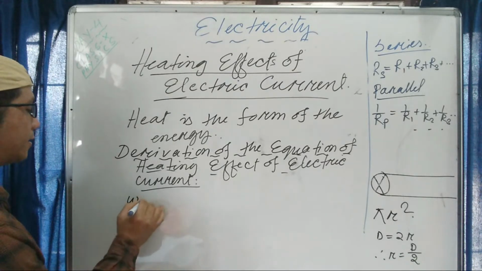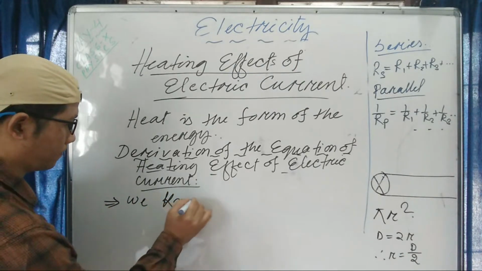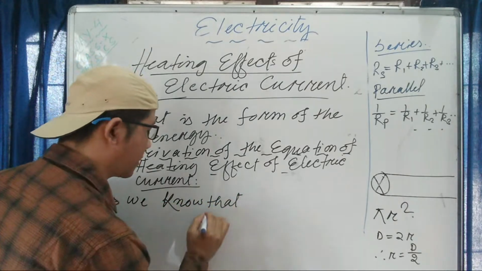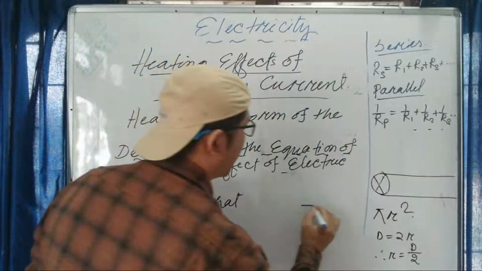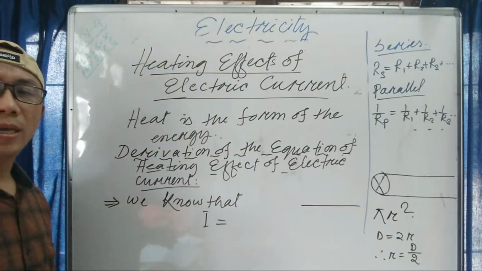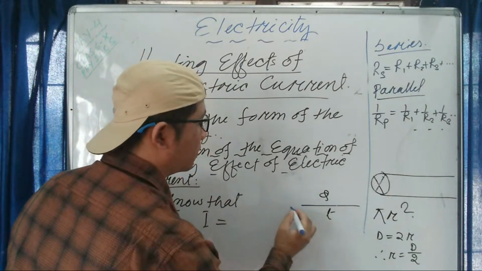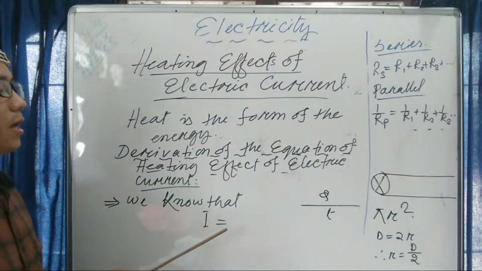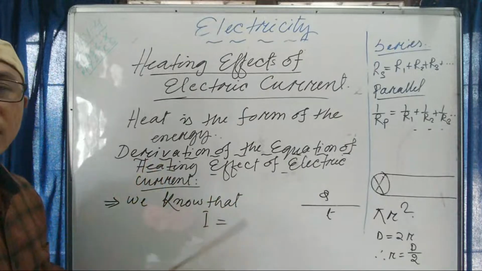We know that current in a conductor is charge by time, right? The current is how much charge flows in the conductor per unit time.